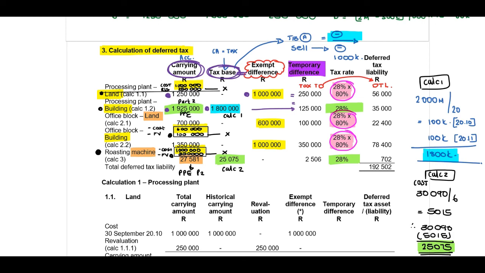Why? Because the carrying amount of your asset exceeds the tax base. If the carrying amount of your asset is greater than the tax base of your asset, this will be a taxable temporary difference, and this will result in a deferred tax liability.